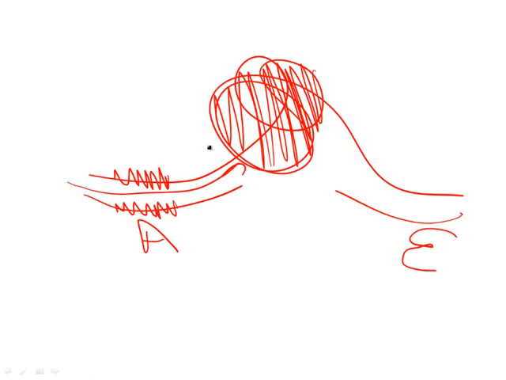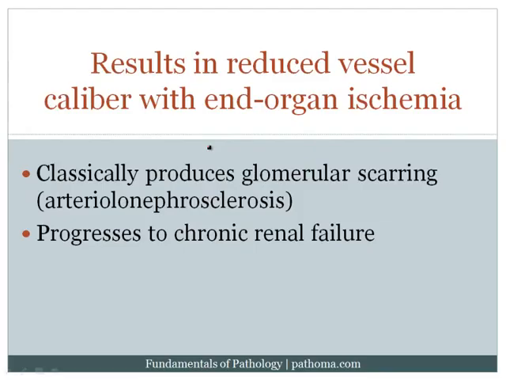And in fact, this is the reason why patients with diabetes and patients with high blood pressure, they get chronic renal failure, because over time they develop this glomerular scarring due to the hyaline arteriolosclerosis. And that's what I've stated here in your text, where I say that it classically produces glomerular scarring. Now, when it produces glomerular scarring, we call that arteriolonephrosclerosis.